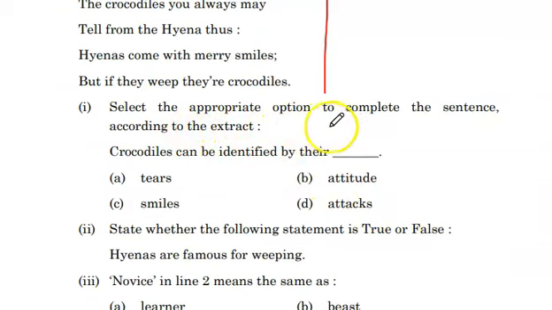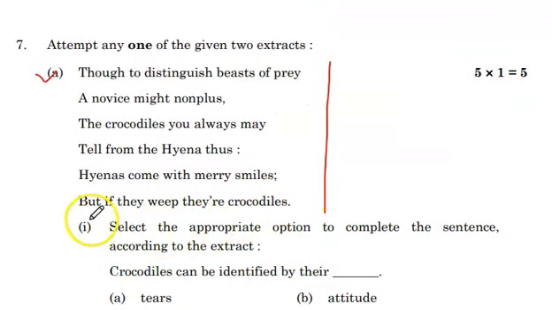Select the appropriate option to complete the sentence according to the extract. Crocodiles can be identified by their, so see here, it is already written: the crocodiles you always may tell from the hyena thus, hyenas come with merry smiles, but if they weep, they are crocodiles.